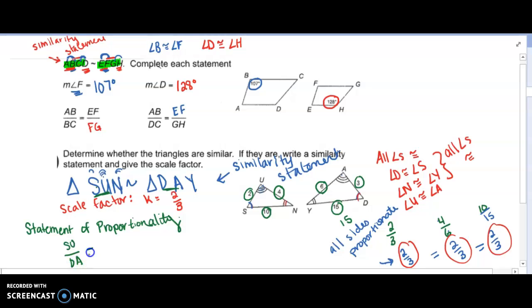SU is to DA as UN, next to here, is to AY, as first and last is to first and last here. So this would be my statement of proportionality. And like I said, our book does cover that, and you will need to know how to write those.